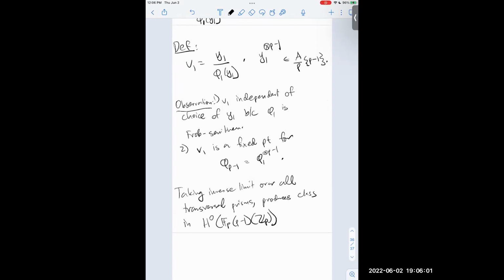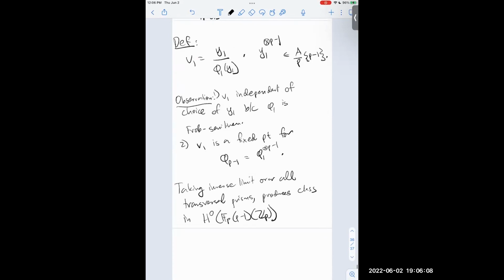And yeah, so this is the desired class. So this is another way you can produce this class V1, and a different way that you could produce a class is just to define it by hand.